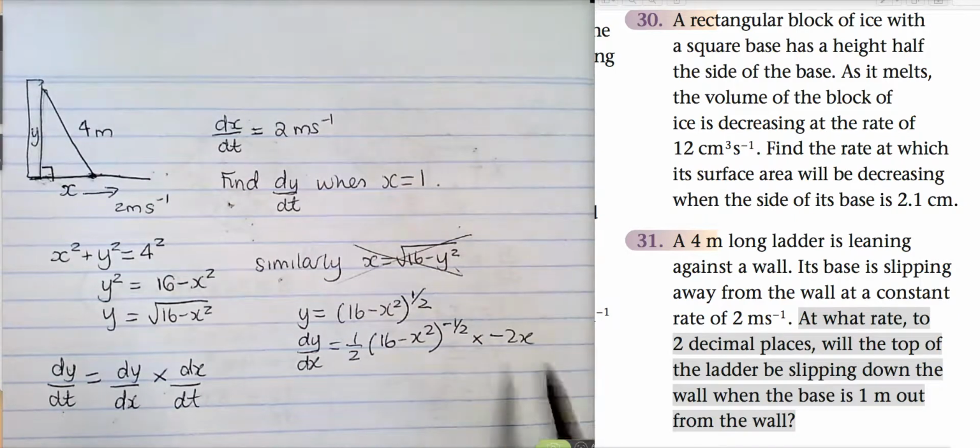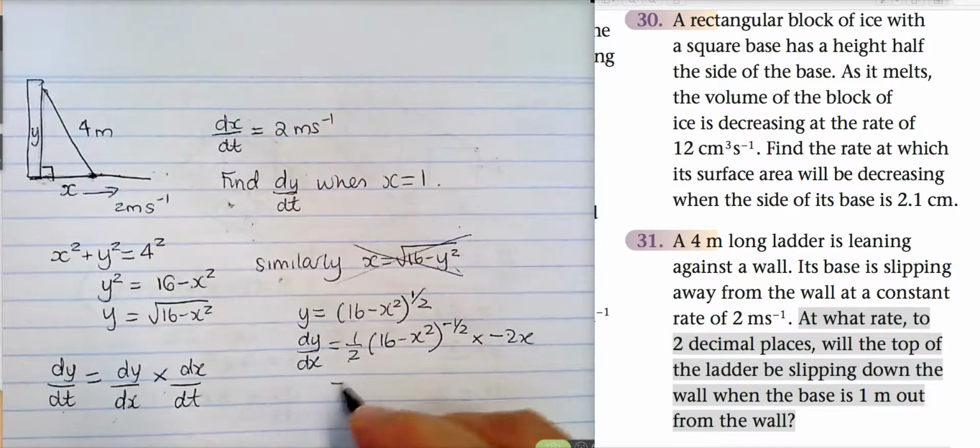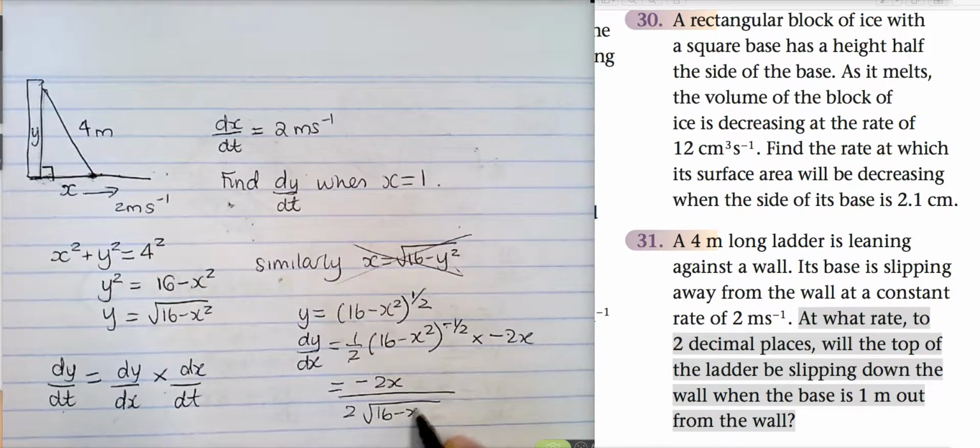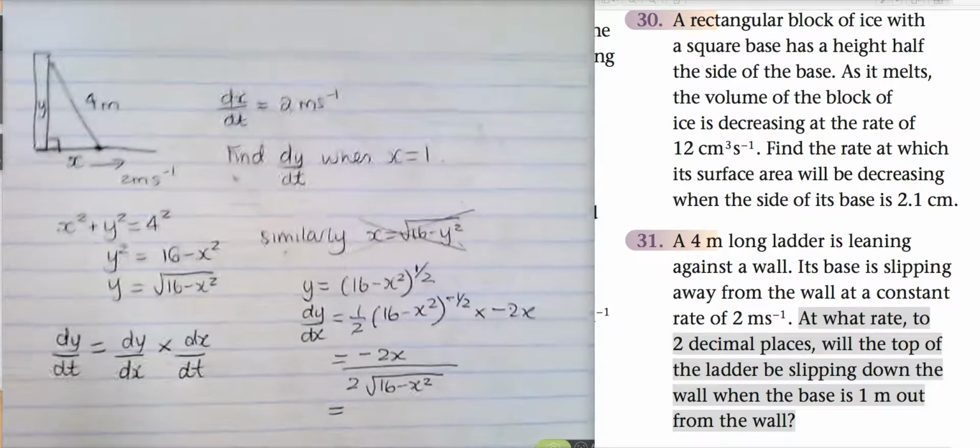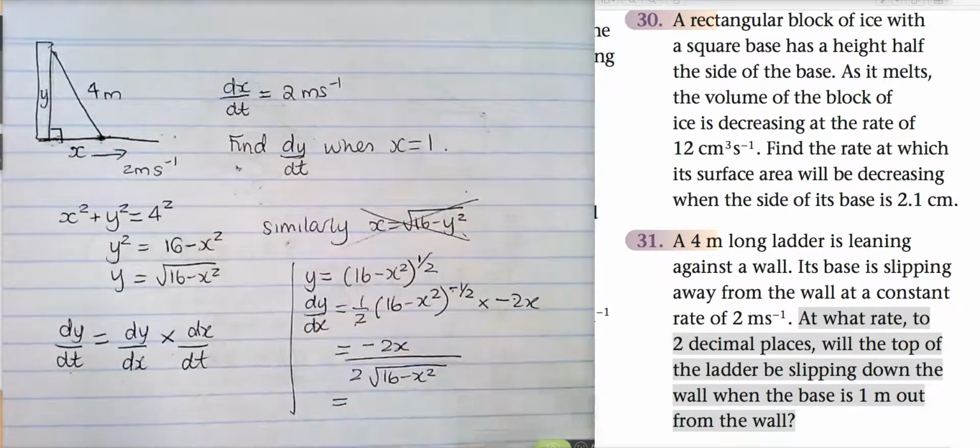So the 2's cancel and the negative a half goes down the bottom. So you've got negative 2x over 2 times the square root of 16 minus x squared, and you can simplify that, which is negative x over the square root of 16 minus x squared. So that's what dy dx is.